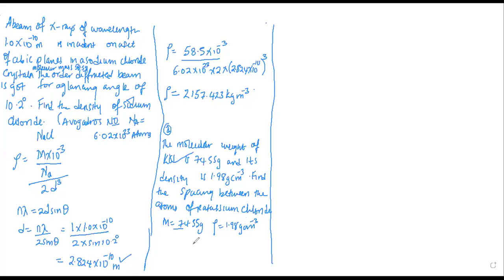If I want to convert the density to kilograms per meter cubed, I multiply by 1,000. So 1,000 times 1.98 gives us 1980 kilograms per meter cubed.